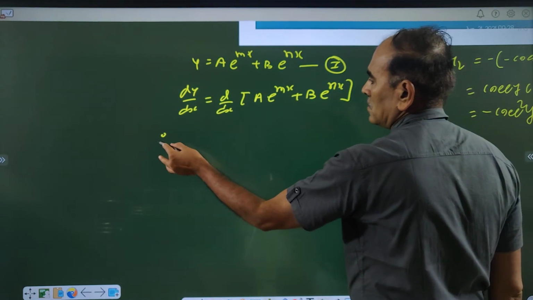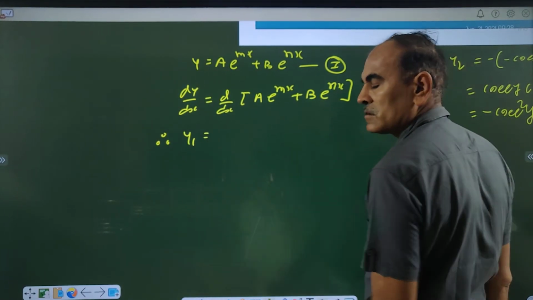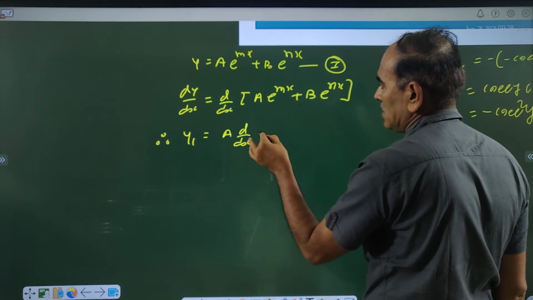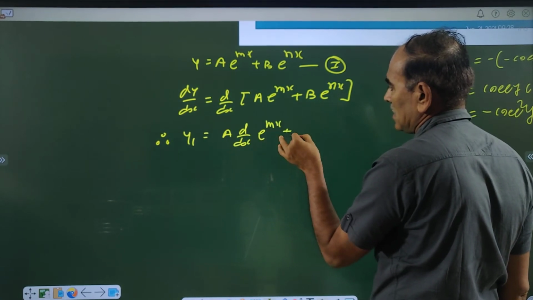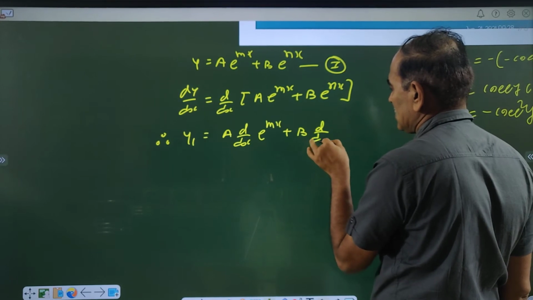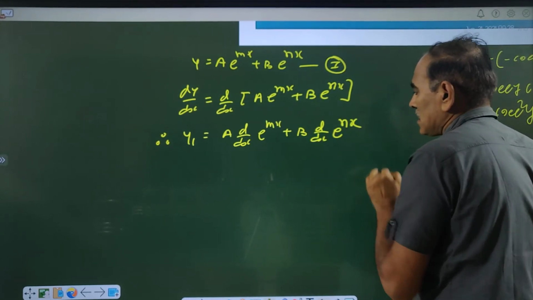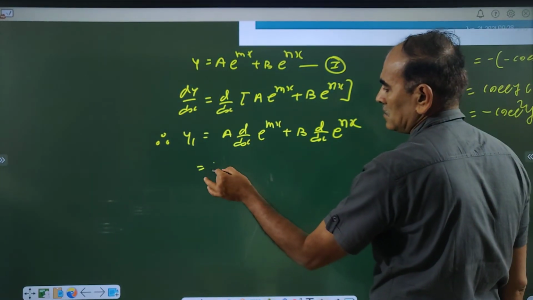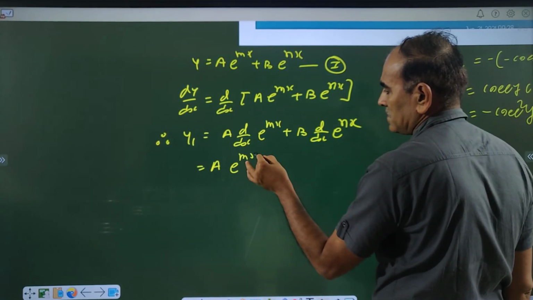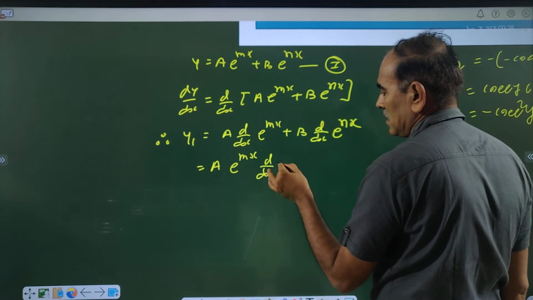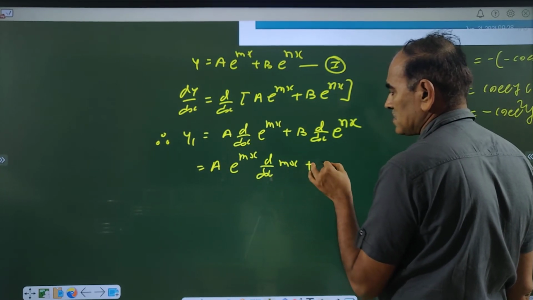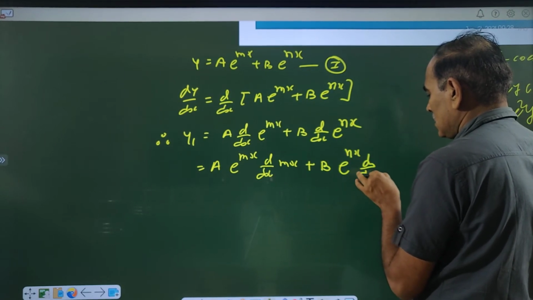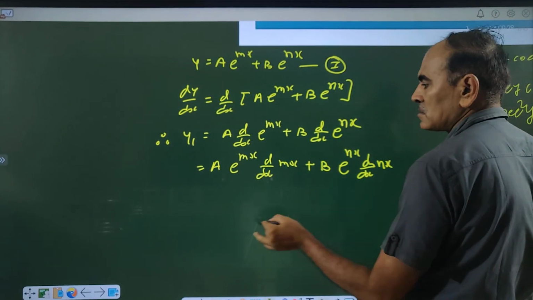So you can say that y1 also, no problem. a as it is, d by dx of e raised to mx, plus b as it is, d by dx of e raised to nx. So that is equal to a e raised to some function into d by dx of some function, b e raised to some function, d by dx of some function.